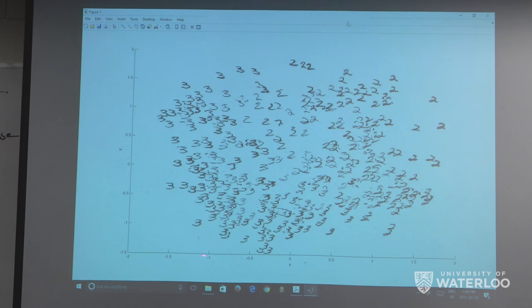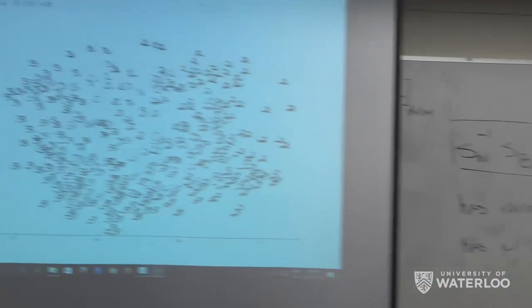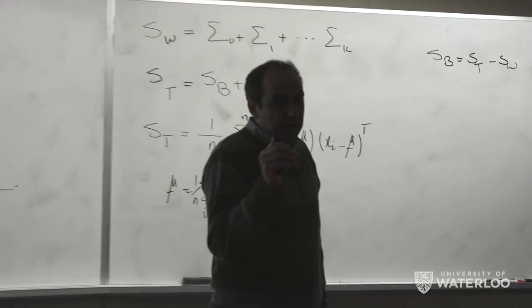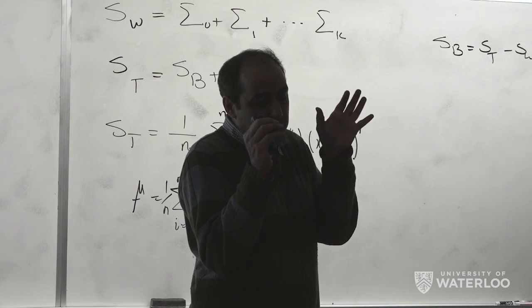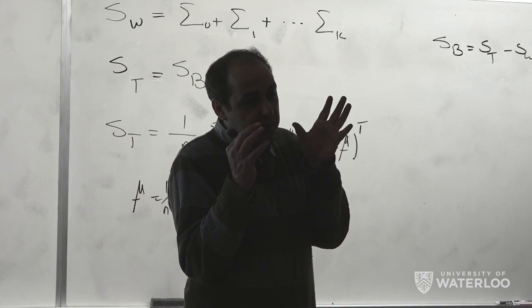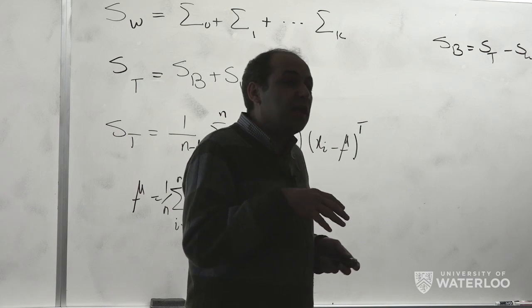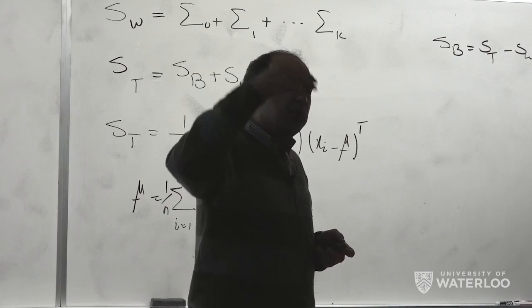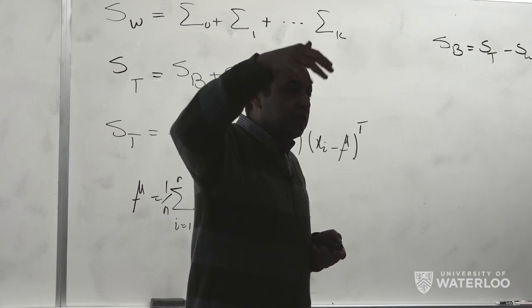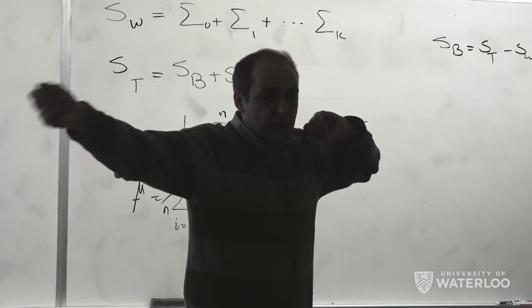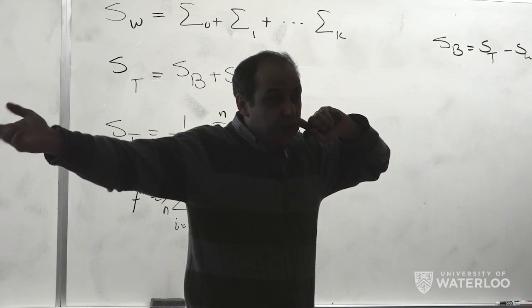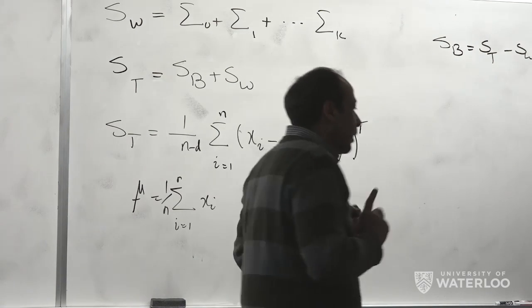The first principal component captured the distinction between 2 and 3 because one of the variations of the data is the difference between digits: some of them are 2s, some of them are 3s. And it turned out that the most dominant direction of variation is being a 2 or a 3. That's why the first principal component captured this.